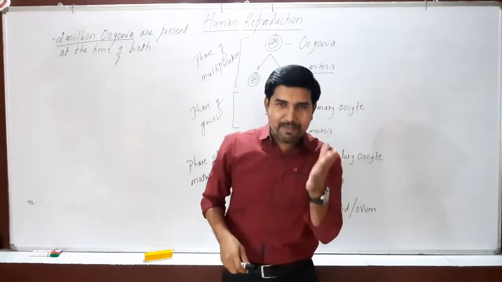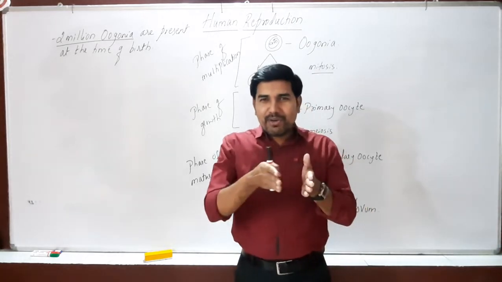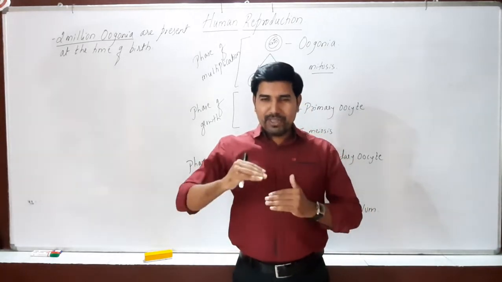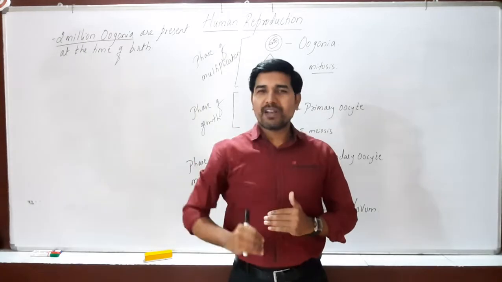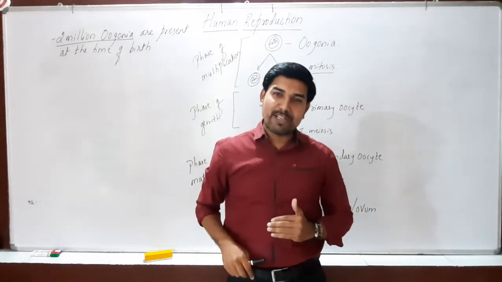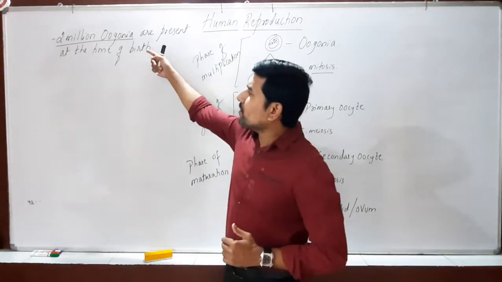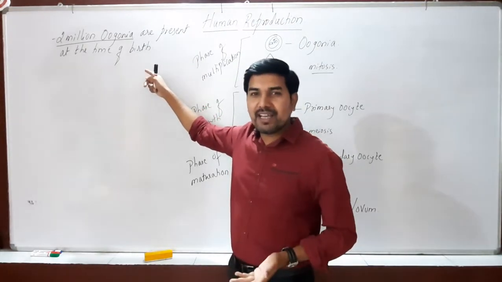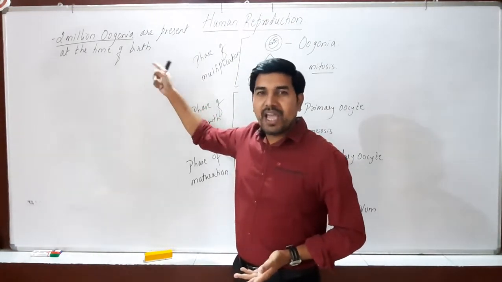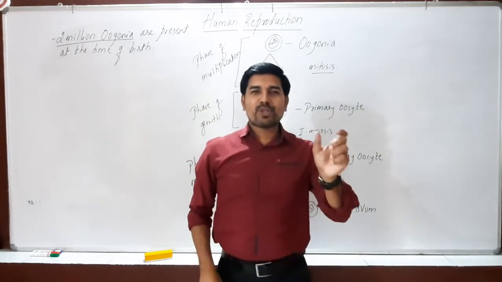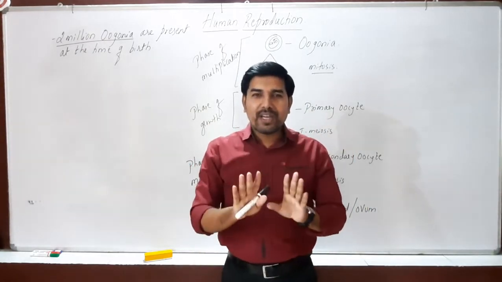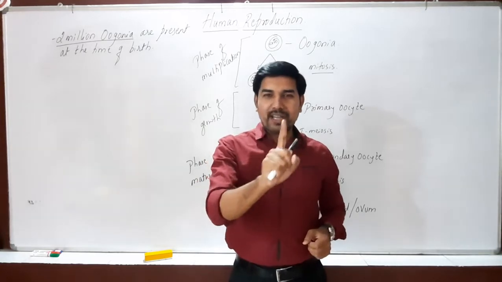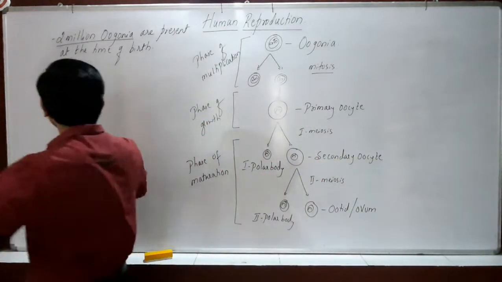Then next, what happens? During the growth of the baby, when the baby reaches its pubertal phase, puberty meaning sexual maturity, many of the oogonial cells will degenerate, and only 60,000 to 80,000 oogonia will remain at the pubertal phase.